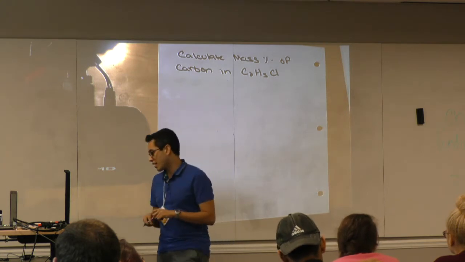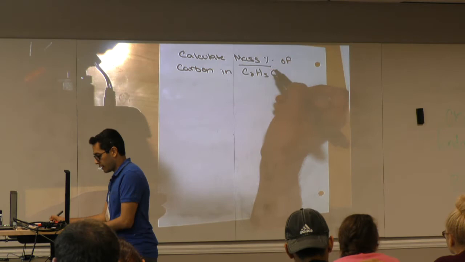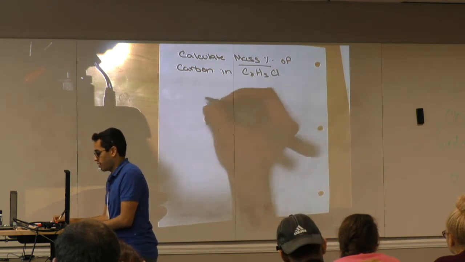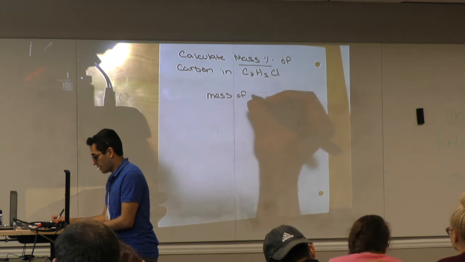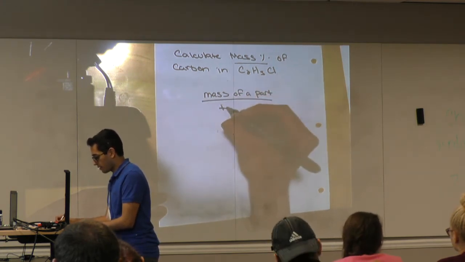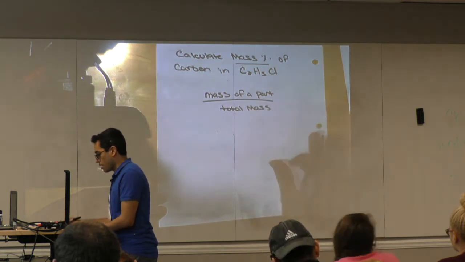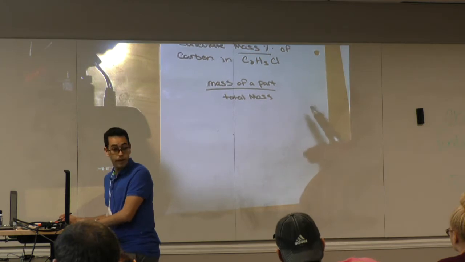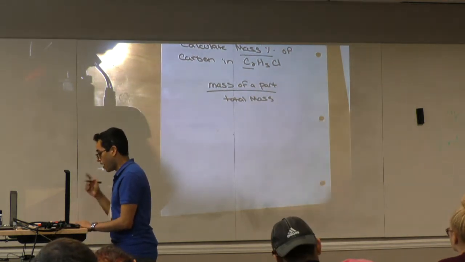So again, if we're dealing with a mass percent, innately we should have the mass of a part divided by the total mass. That's how percentages work. So if we're trying to find the part in this compound, which in this case is carbon, we want the mass of carbon.